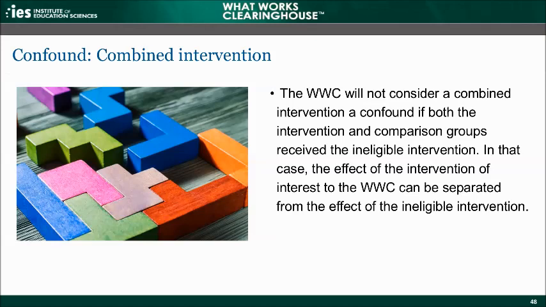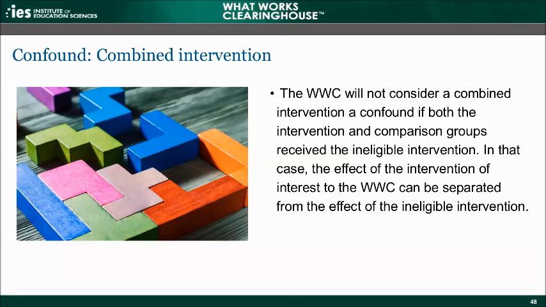A special case, which was rare in our data on WWC reviews, is when both the treatment and control groups receive the ineligible intervention, and the difference between the groups is the eligible intervention. In this case, the bundled intervention may still be ineligible for review, but the effects of the two interventions can be disentangled.